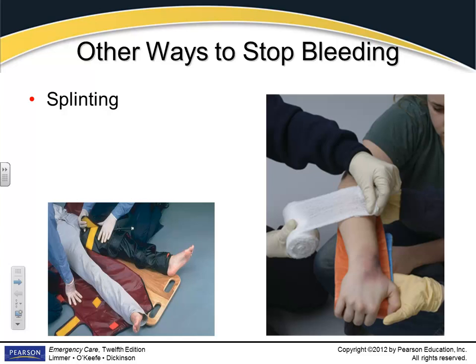And if you've got broken bones in there, then they may continue to bleed. By splinting it, it's not moving anymore. And say you've got internal bleeding, and you continue to move that, it may continue to bleed because you're setting clots internally too. And if you're moving that and breaking those clots up, then you run a risk that they'll continue to bleed. So splinting is a great way to control bleeding.